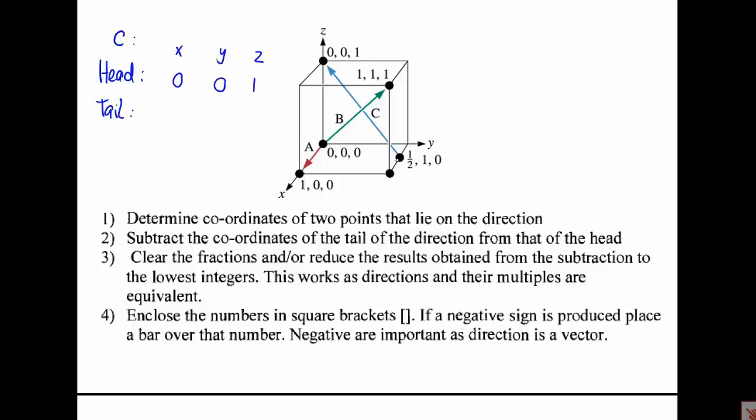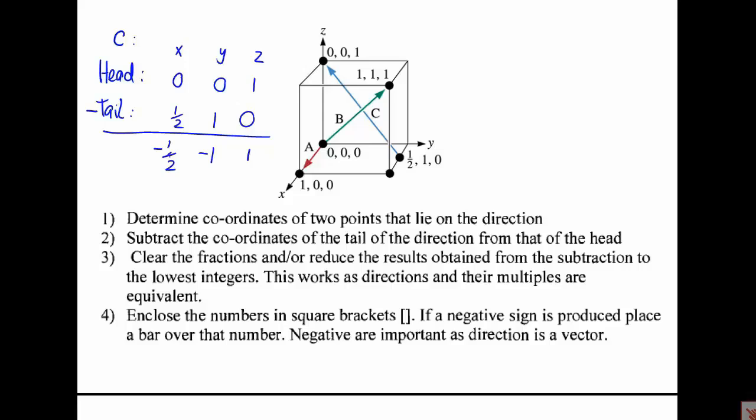The coordinate of the tail is we need to go one lattice parameter in the y direction, half a lattice parameter in the x direction, and 0 lattice parameters in the z. We're going to do step 2 now and subtract these. So we get minus a half, minus 1, and 1.